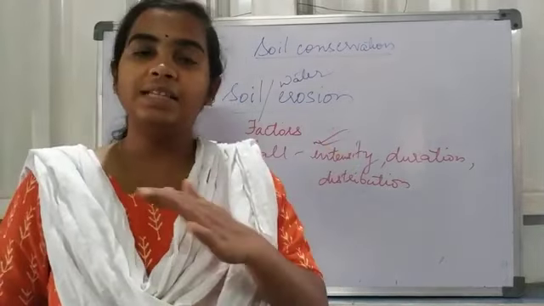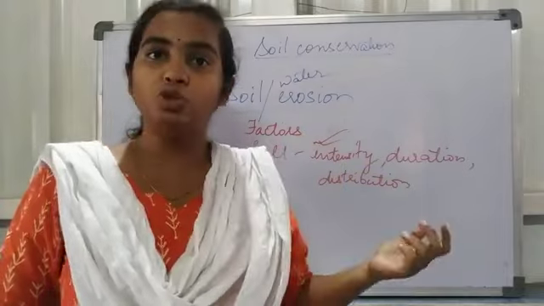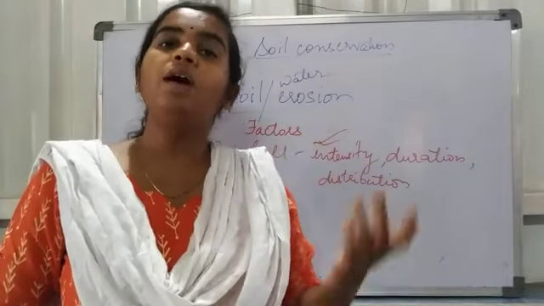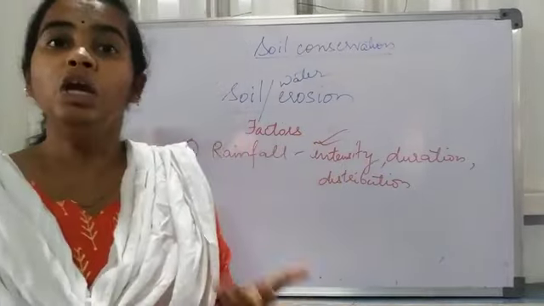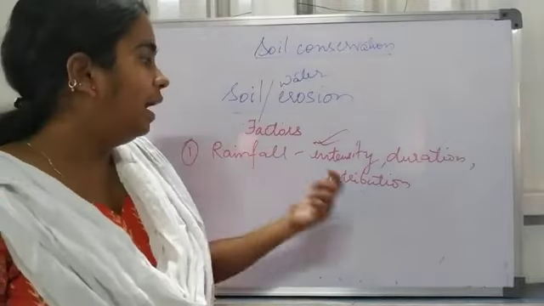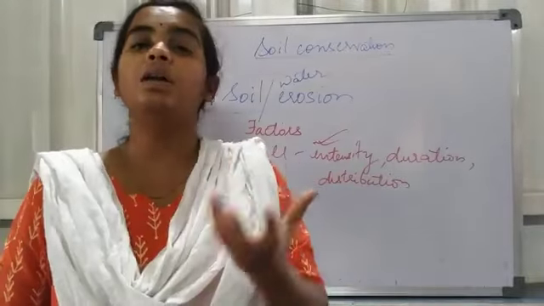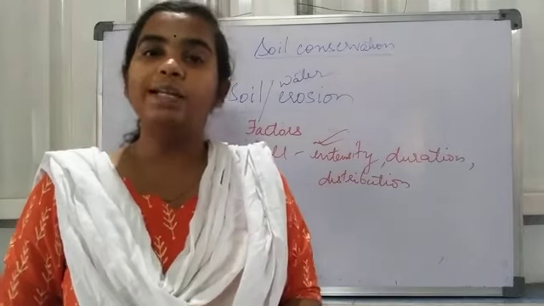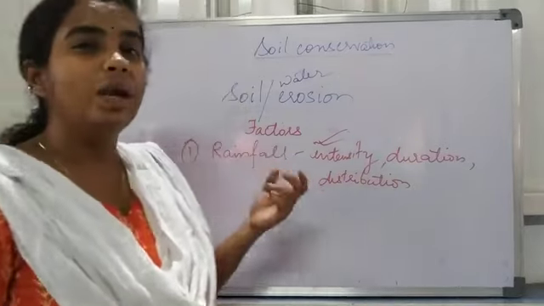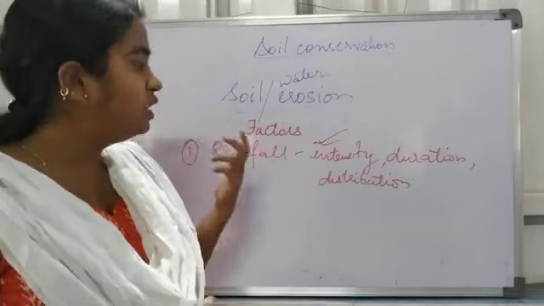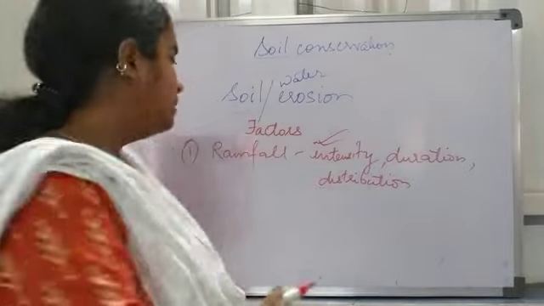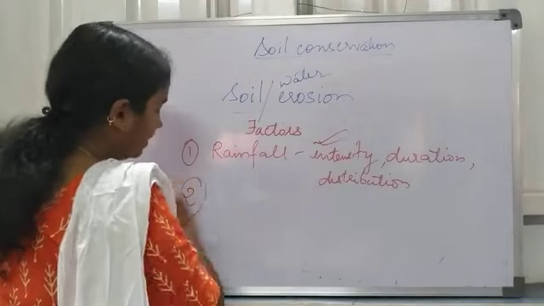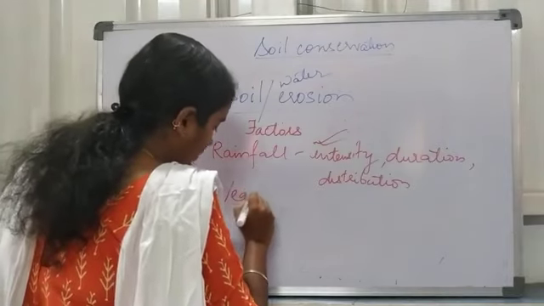Later the water will stagnate on the soil, and then it leads to runoff. Because of runoff, again the soil will also be lost with the runoff. And the distribution depends on how much amount is falling on which place. So these are various characters of rainfall which will be affecting. And the second factor is vegetation.